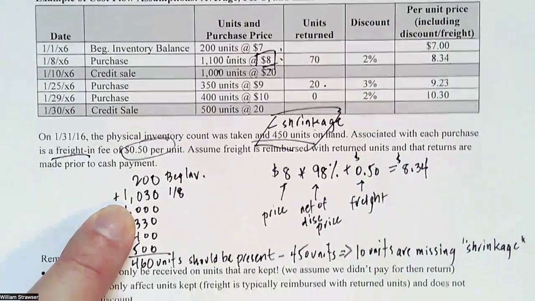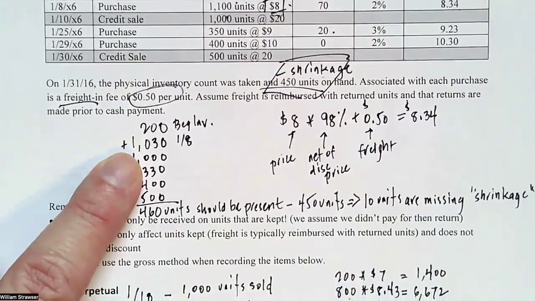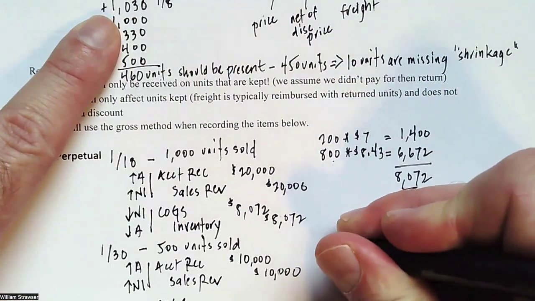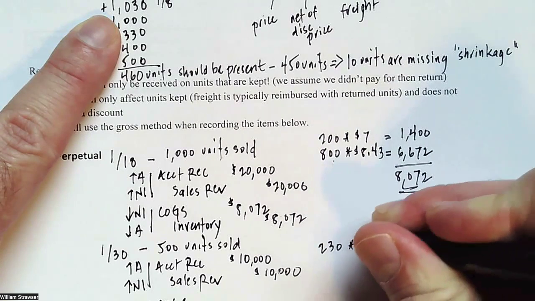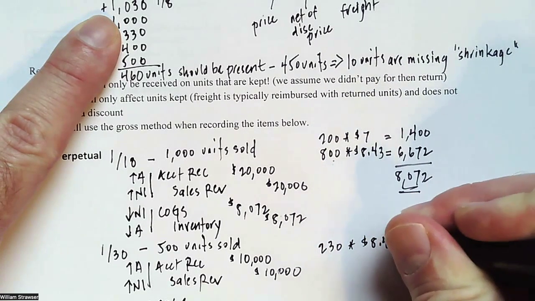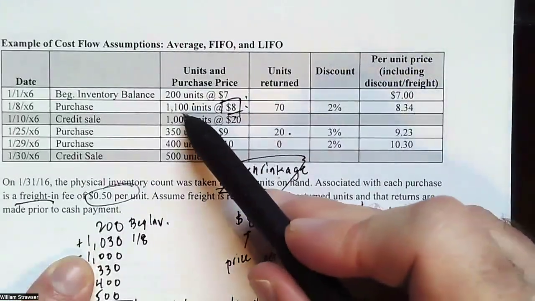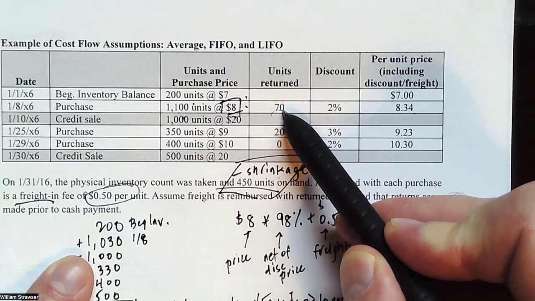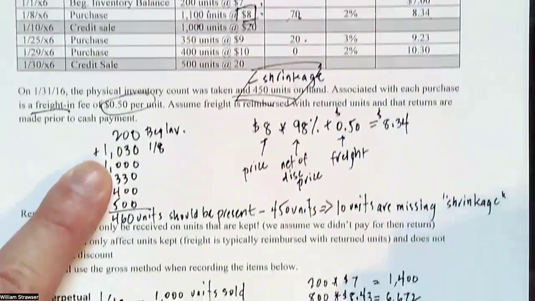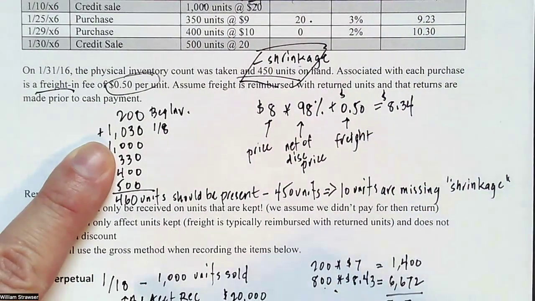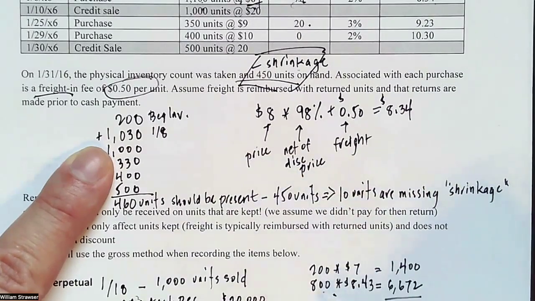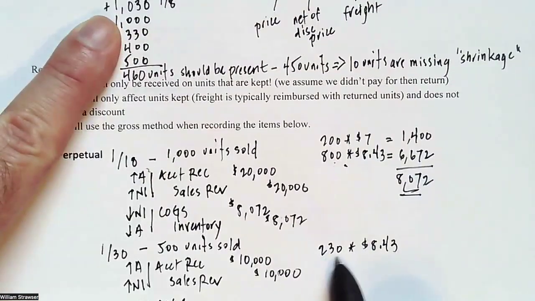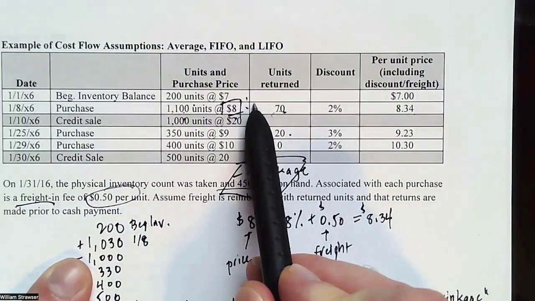So if I've sold 800 of the 1,030, I have 230 left at that price point, right? 1,030 less 800 leaves me with 230. So now this layer is gone.